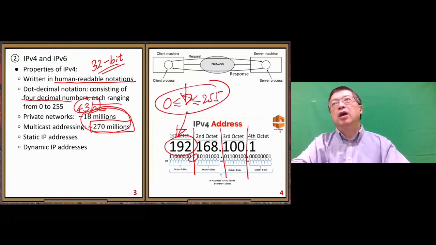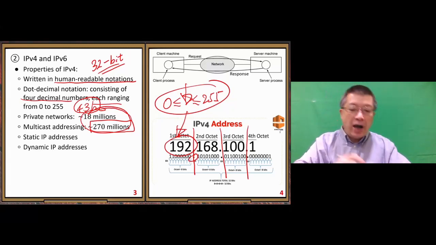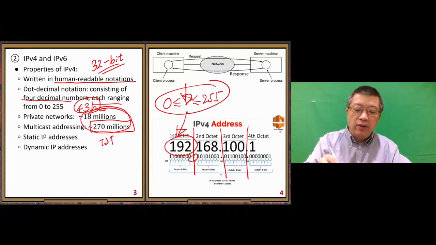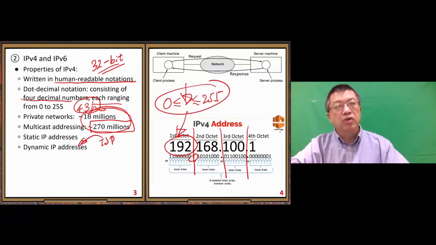The reason is that you do not use that IP address all the time, right? Sometimes you use it, sometimes you do not. So your ISP, your Internet Service Provider, will allocate a dynamic IP address to your computer.